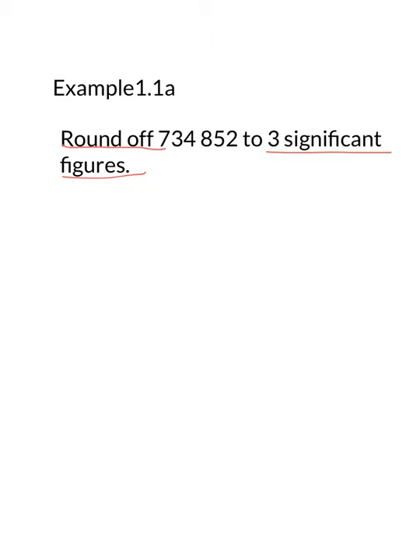So now you have 6 numbers to choose from. Which 3 numbers have the most power to represent the whole value? It should start from the left-hand side, that is 7, 3, and 4.